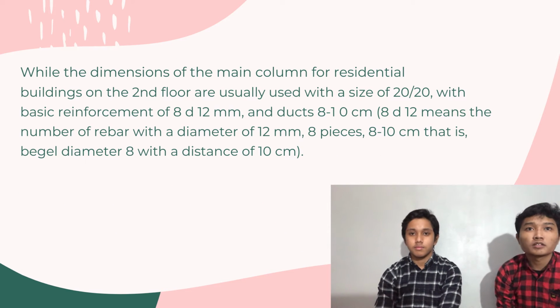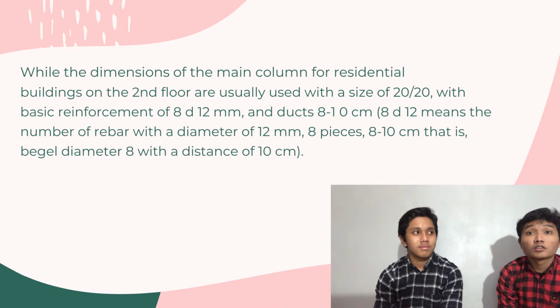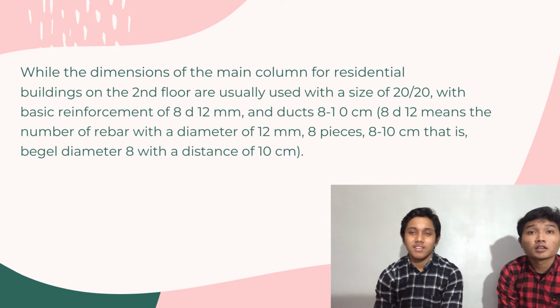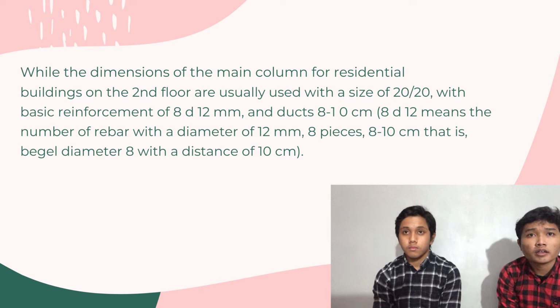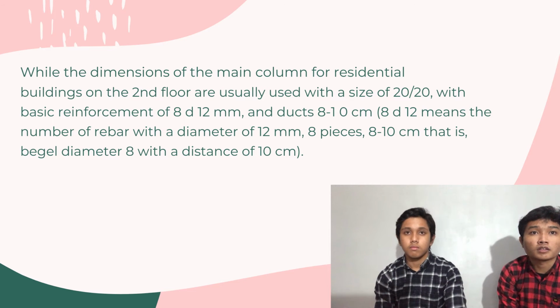The dimension of the main column for a residential building on the second floor is usually 20 by 20 with main reinforcement of 8D12 mm and stirrups 8 to 10 cm. 8D12 means the number of rebar with a diameter of 12 mm, 8 pieces, and 8 to 10 cm means stirrups of diameter 8 with a distance of 10 cm.